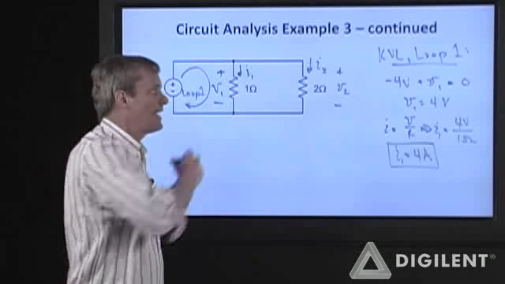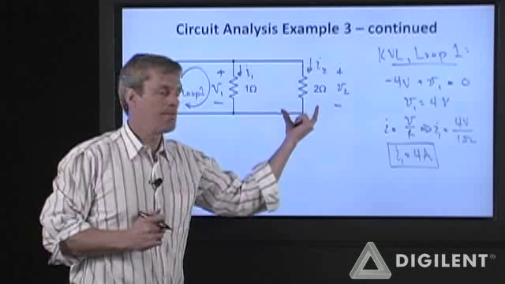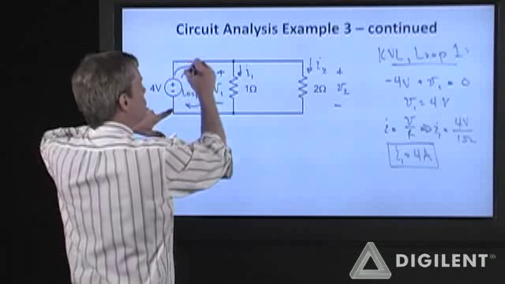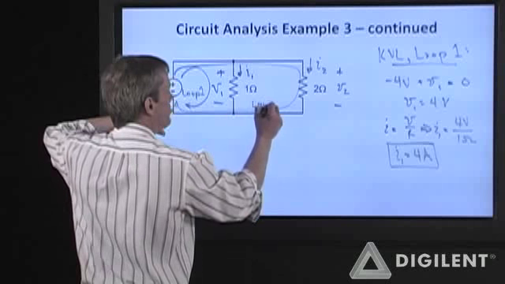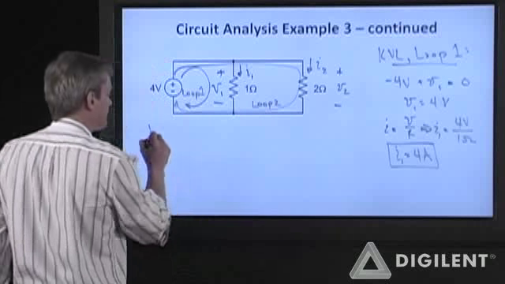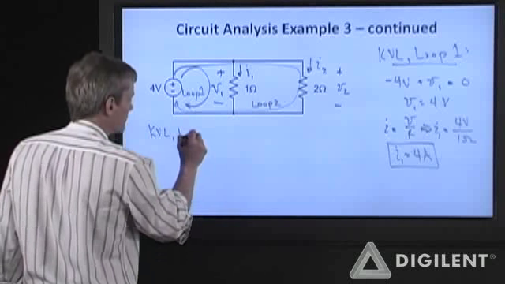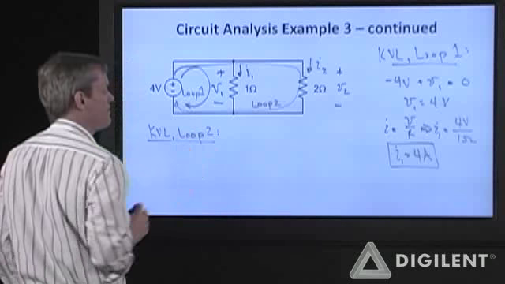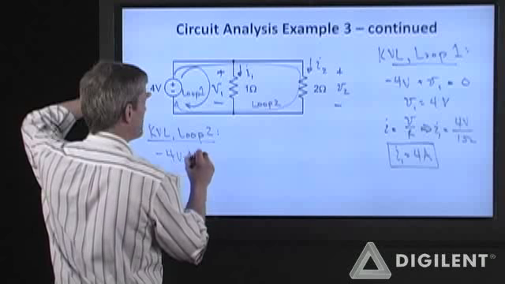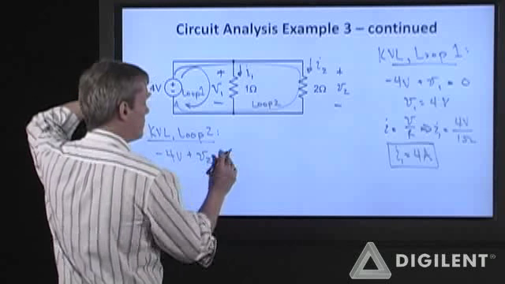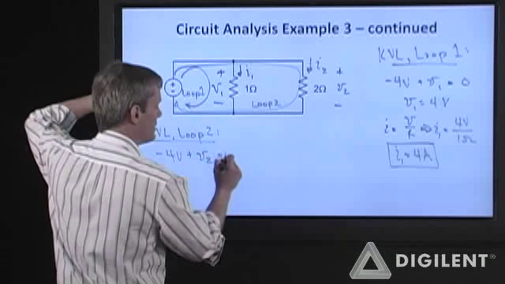Now that we've done that, we see that we can do the same trick for this other one by looping through the source and through that single resistor. Call this loop 2. So KVL around loop 2, I have a negative 4 volts from the source and a positive V2. So that sums to 0.